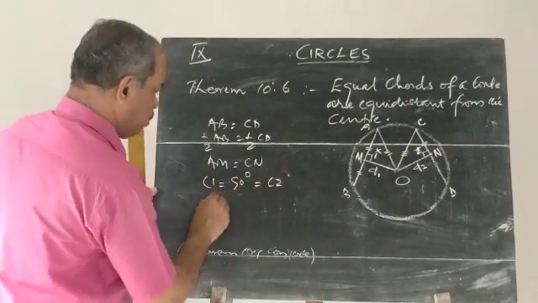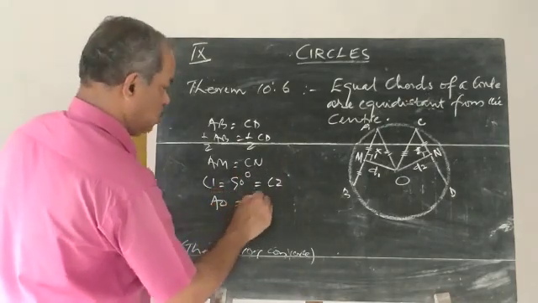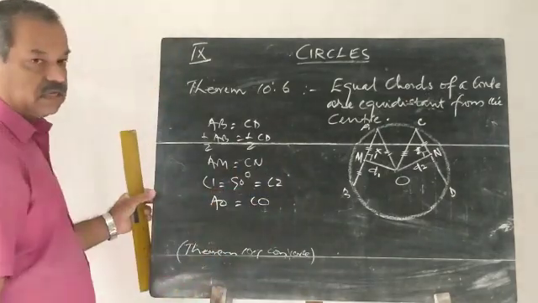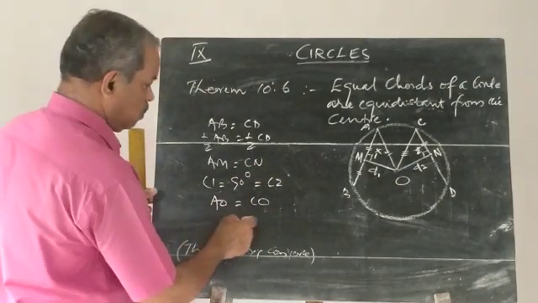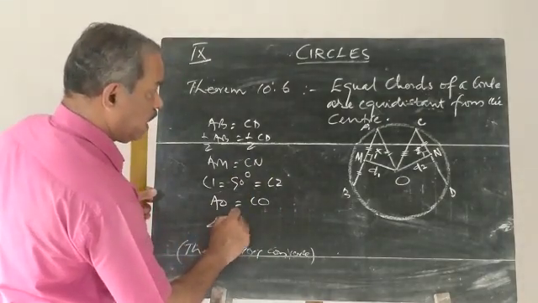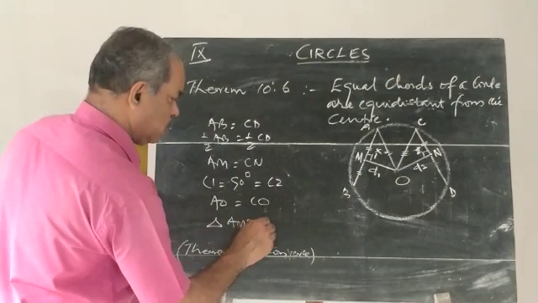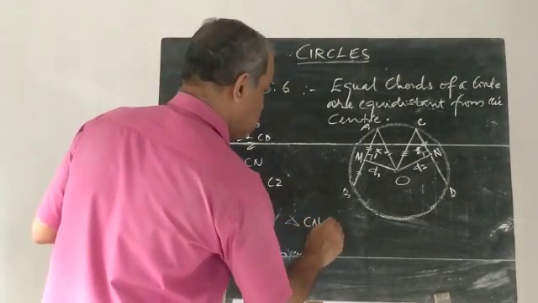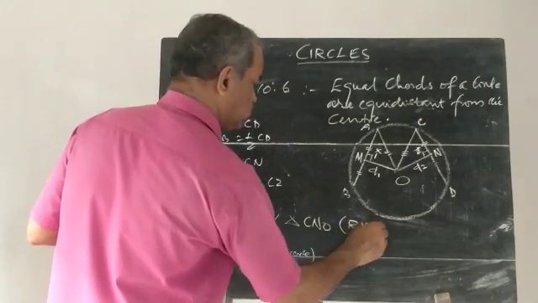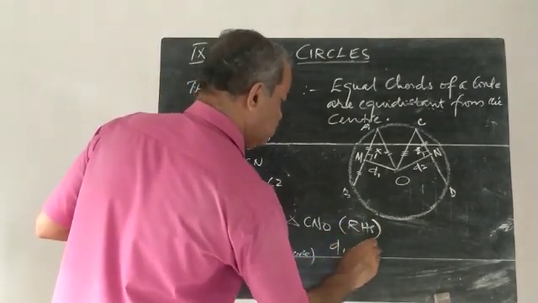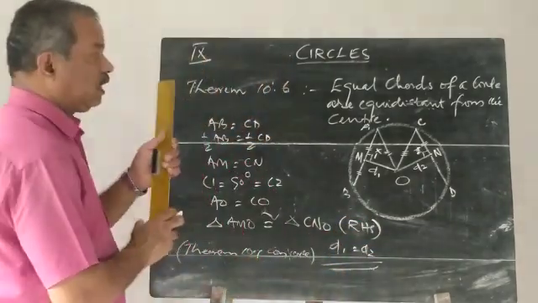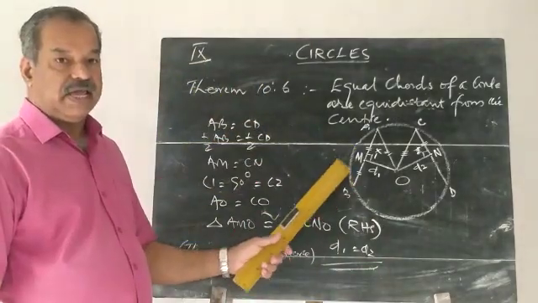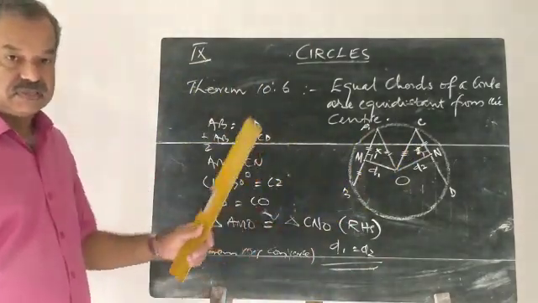Then AO equal to CO, radii of the same circle. So triangle AMO is congruent to triangle CNO by RHS. So D1 equal to D2. That is, if the chords are equal, they are equidistant from the center of the circle.